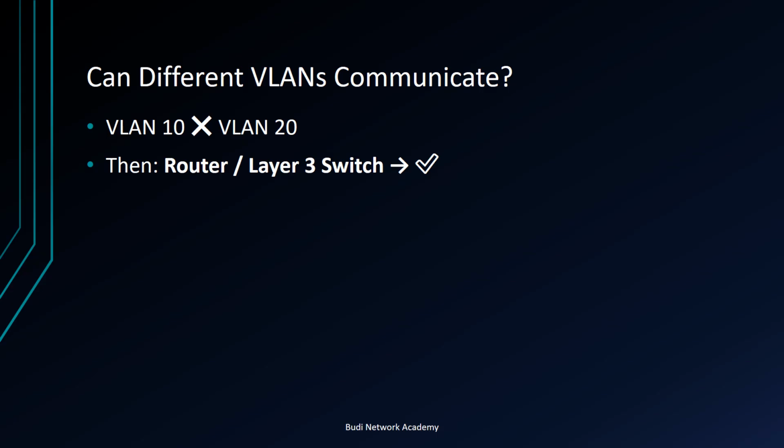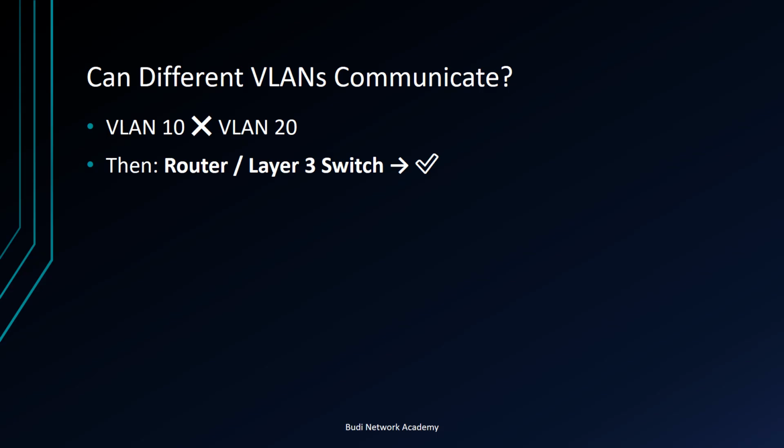Now here's an important question. Can devices in different VLANs communicate directly with each other? The answer is no, not at layer 2. For example, a device in VLAN 10 cannot directly communicate with a device in VLAN 20 through normal layer 2 switching. To communicate between different VLANs, we need layer 3 routing.